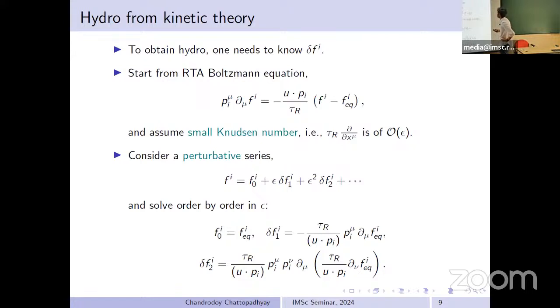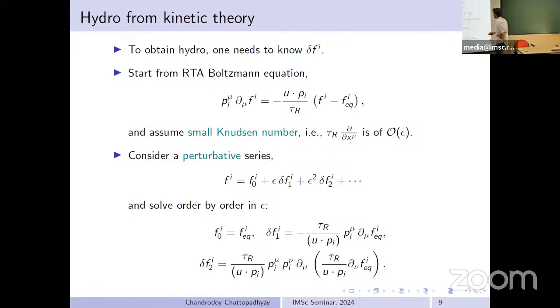If I want to get a hydrodynamic description from this kinetic theory, I start with this RTA-Boltzmann equation and assume that the system's Knudsen number, which is the ratio of the mean free path and some characteristic scale of gradient, is small. Here this can be thought of as tau_R multiplying the gradient scale, the macroscopic scale in this problem, being of order epsilon, and do a perturbation theory in this parameter.